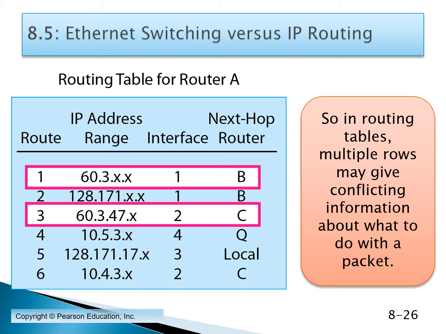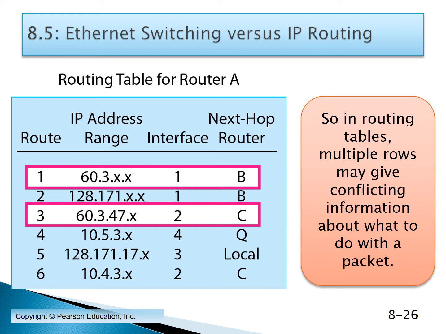So usually you store a range like 60.3.x.x. That means any IP address starting with 60.3, in other words in this network, will follow this rule. And this rule says the packet will be sent out at port 1, and the next hop router is B.